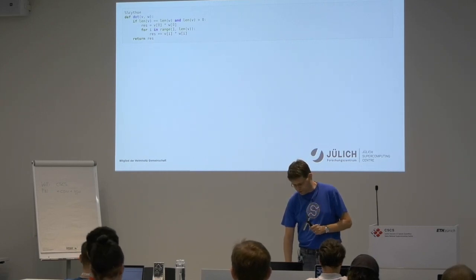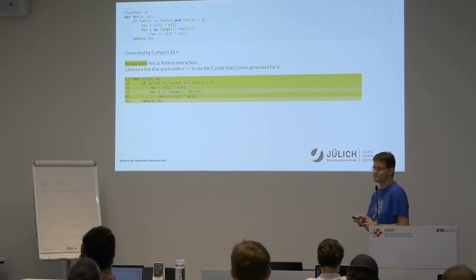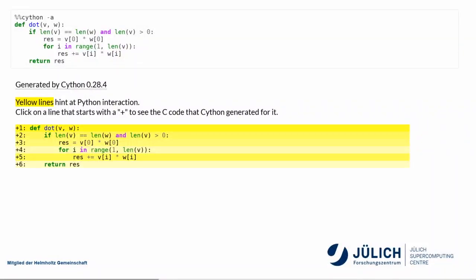One very cool feature of Cython is that it can generate reports. Here you see that this code is rather yellow. Kind of looks greenish yellow, but anyway, it's yellow. And maybe you can tell that there are some lines that are a little less yellow than the rest. You also see that there's a plus sign in front.